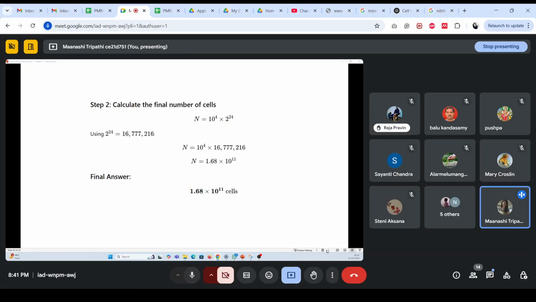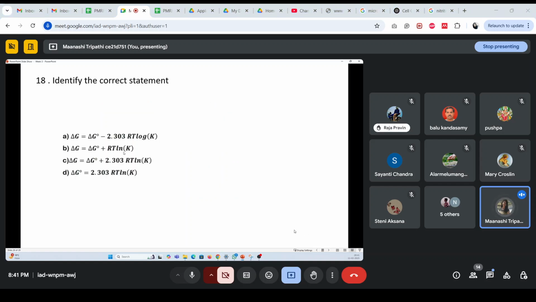We'll move forward to the next one. The next question is to identify the correct statement. Here, 4 options of Gibbs free energy are given. You need to identify the correct one. Gibbs free energy is equal to standard Gibbs free energy plus or minus some constant value, which is a function of the reaction quotient, R and T. R is the universal gas constant and T is temperature in Kelvin.